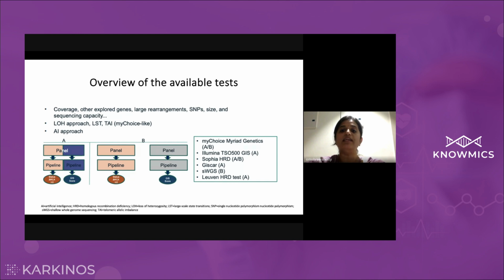Now let's see which tests make use of A and B. My Choice Myriad has a combination of both A and B. Illumina TSO 500 makes use of GIS. Again, it has a combinatorial panel A. Sophia HRD, I think when it comes to Thermo, it uses B, but when it comes to Illumina, it's panel A. And then GI Scar, Swiss, and Leuven HRD test make use of this algorithm.